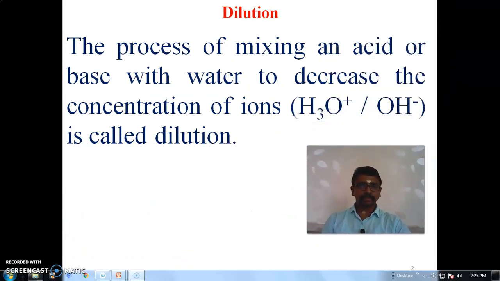So the process of mixing an acid or base with water, to decrease the concentration of ions. H3O plus means hydronium ions, acidic, and OH minus means hydroxide ions. So dilution means we add water to acids or bases to decrease the concentration of ions.